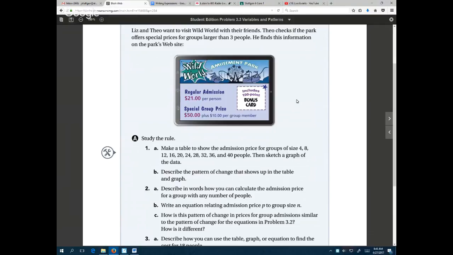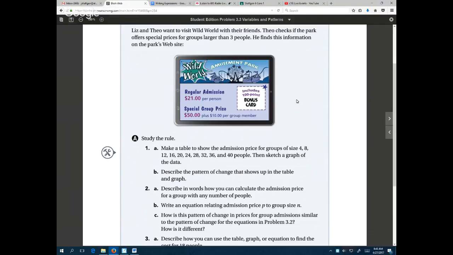It's stated. Alex, Perry, what do you think? So what is it going to cost them to go? Is that for the group or per person? It's going to cost them $50 a person to go? So you can have 100 people and they're still only going to charge you $50?